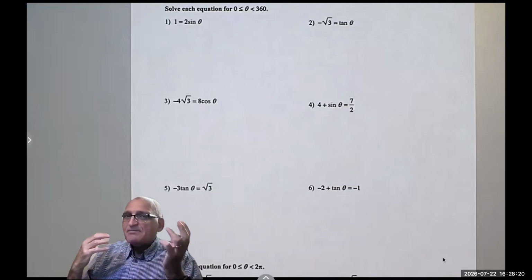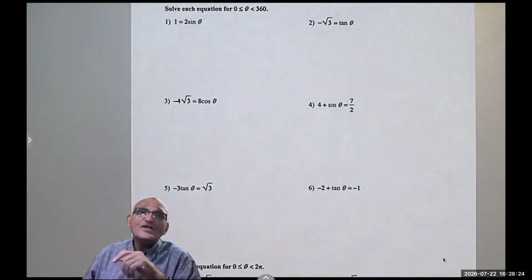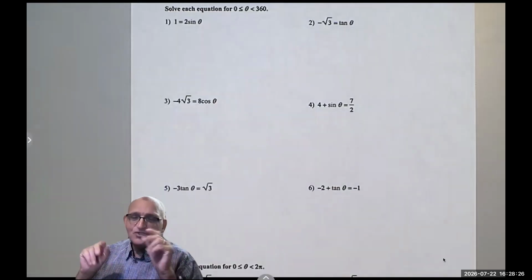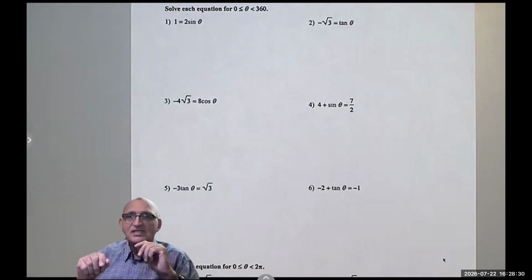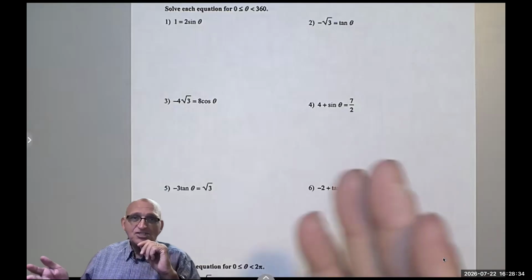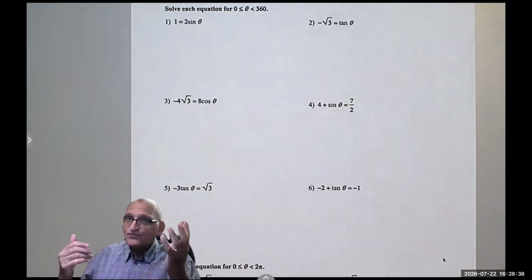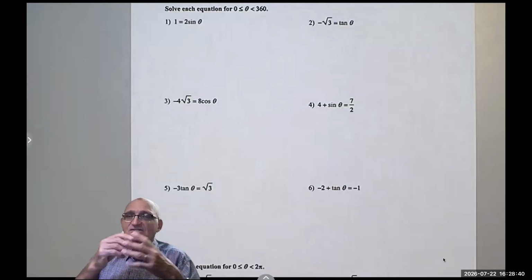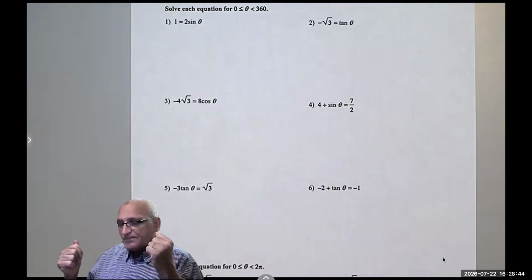So always keep in mind that most of the time I will get two answers for a first degree trig function, meaning power of one. And for a square, you get up to four, unless two of them are the same. That's why I say up to four.